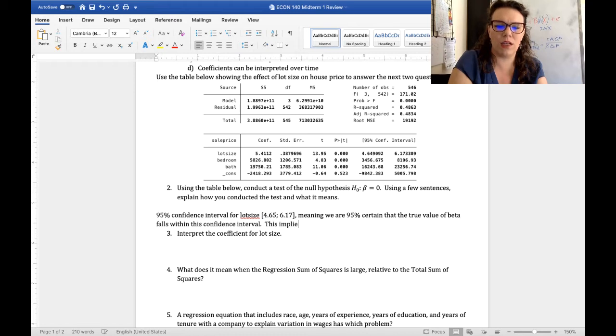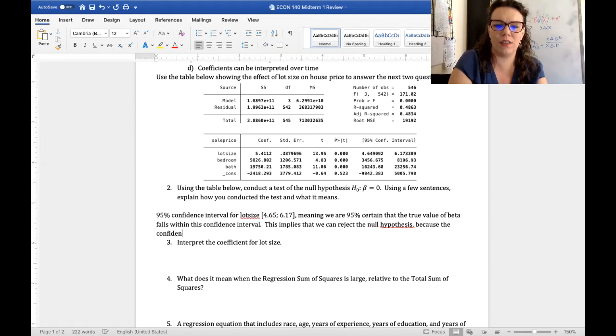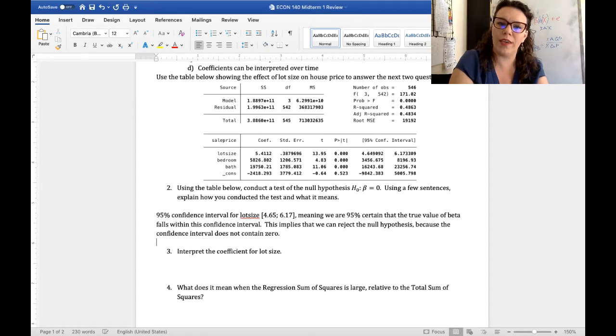This implies that we can reject the null hypothesis because the confidence interval does not contain 0.